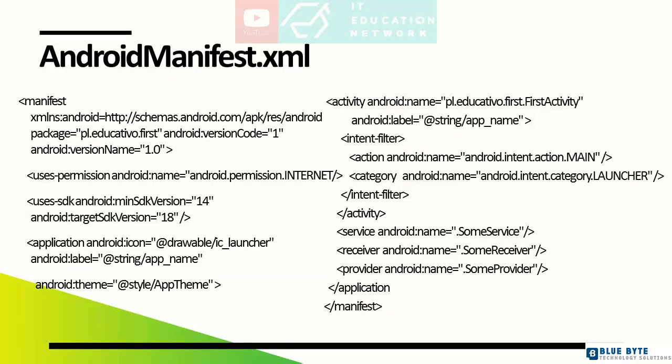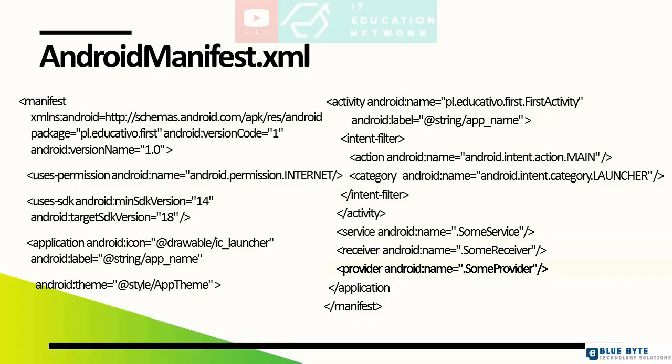Apart from activity, the Android manifest file may also include other components. These are services, that is, components whose task is to run various operations in the background without the user interface. We also have receivers, components whose task is to receive the messages sent between components.